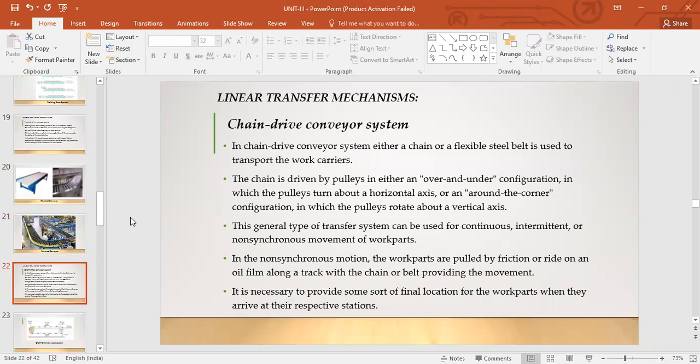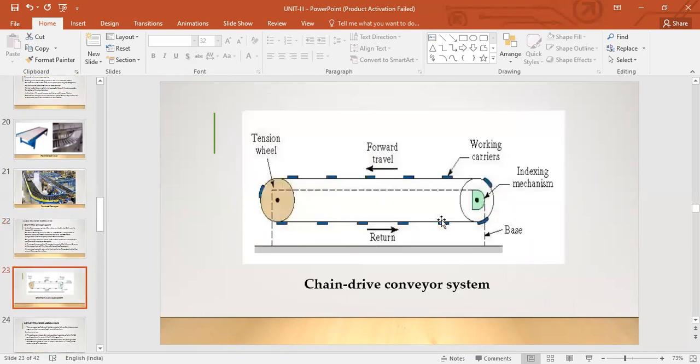Another thing is your chain drive conveyor system. In the chain drive conveyor system, either a chain or a flexible steel belt is used to transport the work carriers. The chain is driven by pulleys either in an over and under configuration, or another one is around the corner. If you see here, these are your two pulleys, that's your chain, and these are your work carriers.